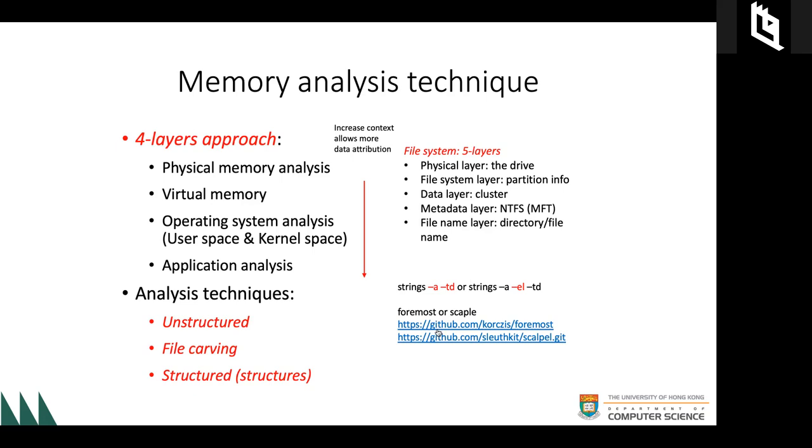You can play around with these tools to dig out information inside a physical memory dump as well as a hard drive, because once they encounter a particular file format, they can take out the information. But the structure is talking about the kernel structure kept by the kernel space.